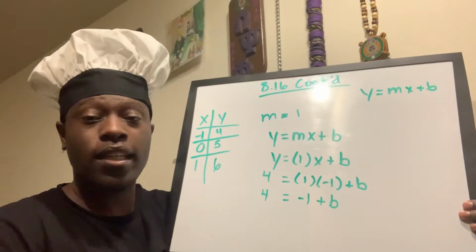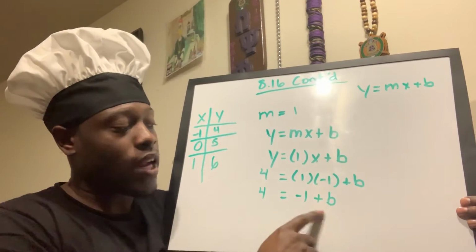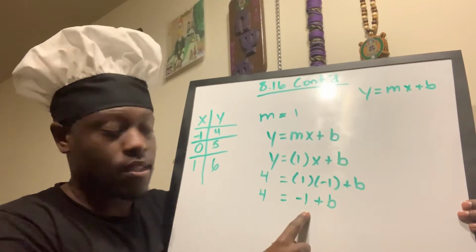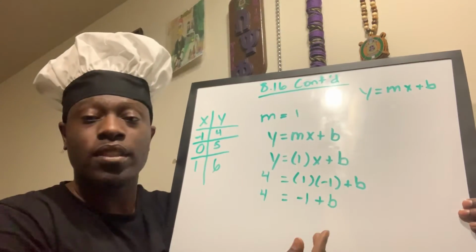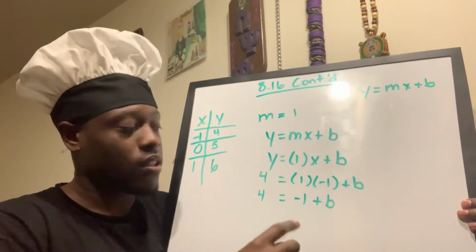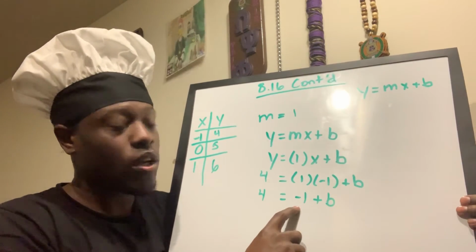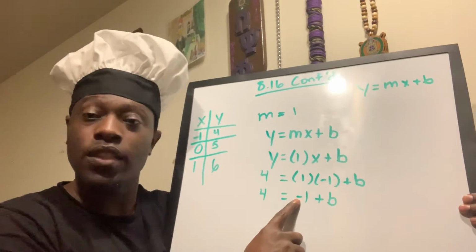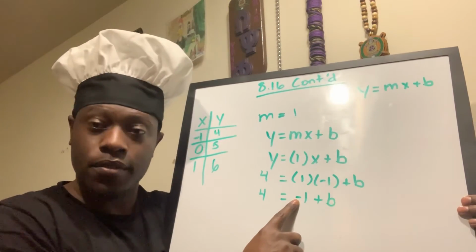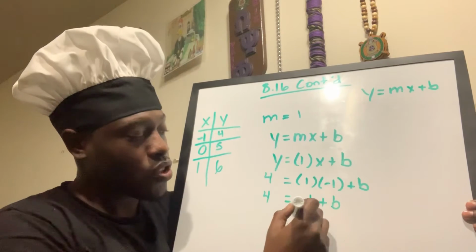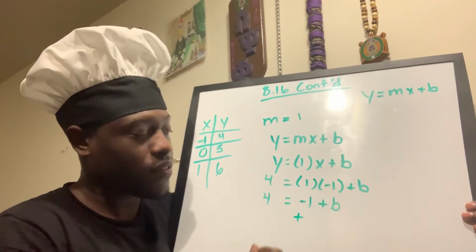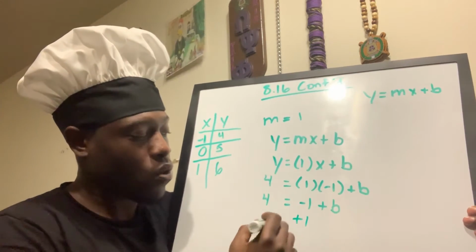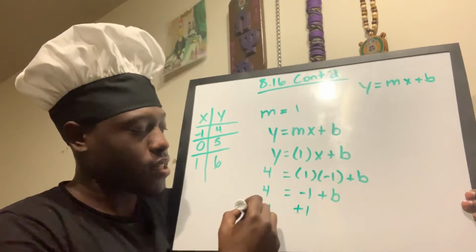We're solving for b, so we have to isolate the variable. What I always tell my kids is, whatever we do not want on this side, we need to do the opposite of what is in front of it. So here, we know we don't want this -1. The opposite of negative is positive, so we're just going to put a positive 1, and do it to both sides.